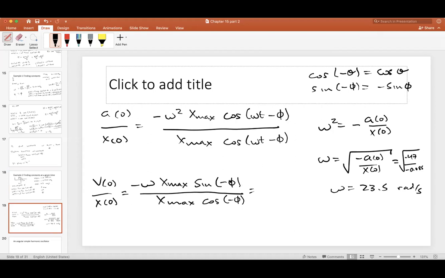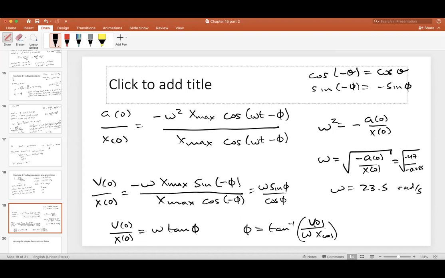So this is a negative sine times a negative omega. X max cancels. I get omega sine phi over cos phi, or turning that into a tangent, v at time zero over x at time zero is equal to omega tan of phi. Or I get that phi is arctan of v at zero over omega times x at zero.